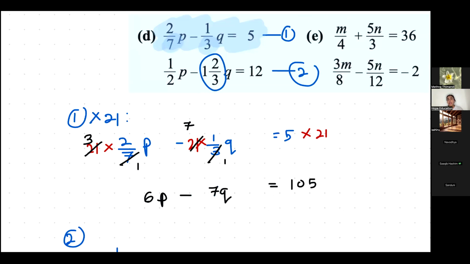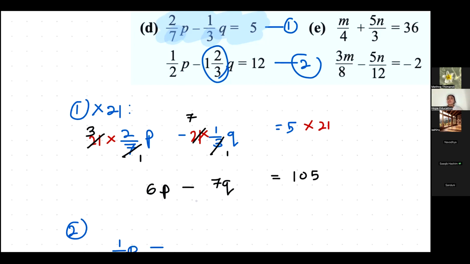Can you convert this to an improper fraction and tell me what you get? 1 2 over 3 කියන එක improper fraction එකක් විදිහට මොකක්ද? All right, okay. Correct. We get 5 over 3.